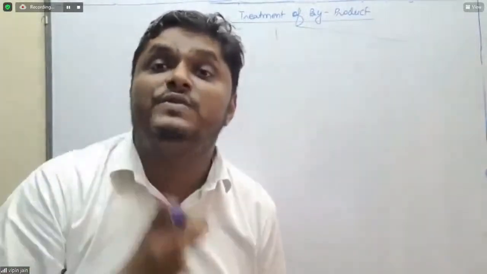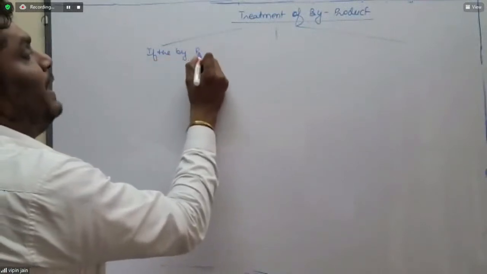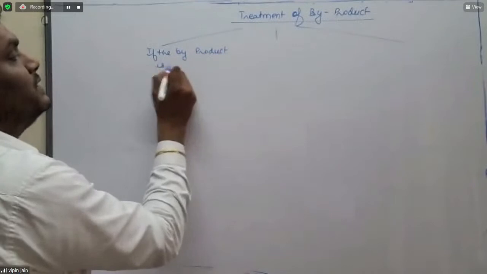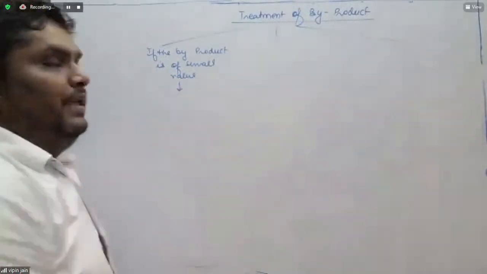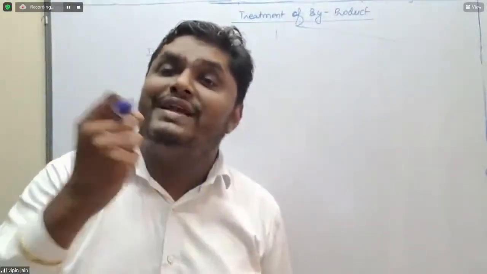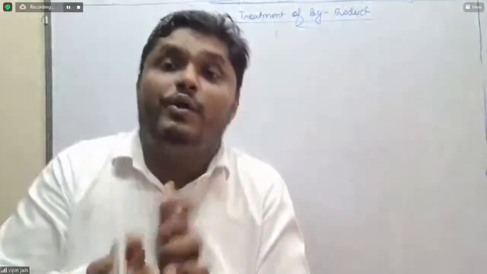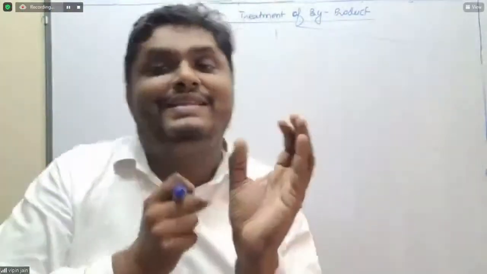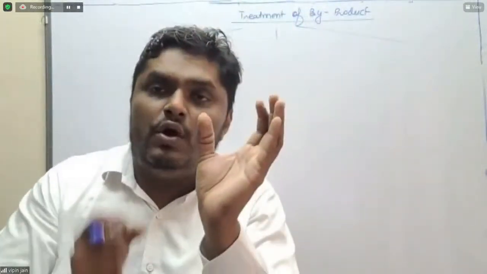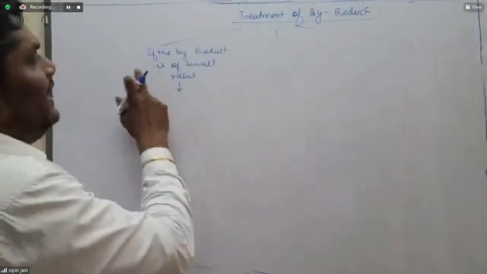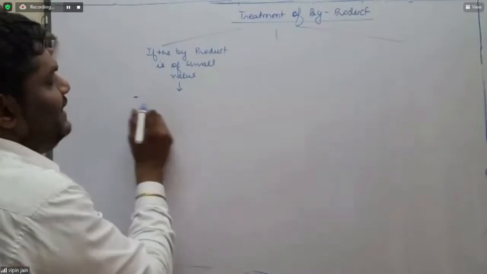If the byproduct is of small value, then whatever the amount that is realized on sale of byproduct, either deduct it from the joint cost, that is what we were doing in process. From the total cost, we were deducting the scrap value. So similarly, in that case also, from the joint cost, we will deduct the value that is realized on sale of byproduct.